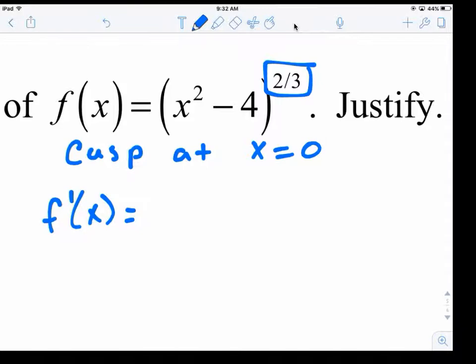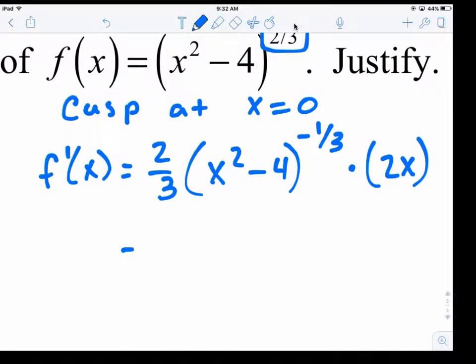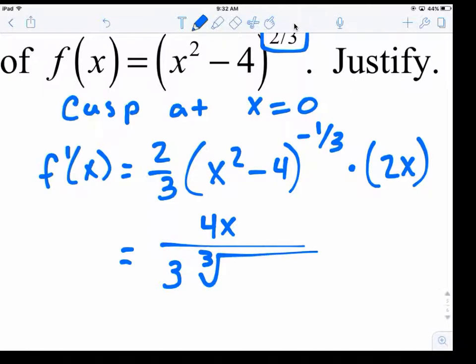All right, so the derivative would be 2/3 times x squared minus 4 to the negative 1/3 times 2x. Mr. Chain Rule. Okay, so that leaves me with 4x over 3 cube root of x squared minus 4.